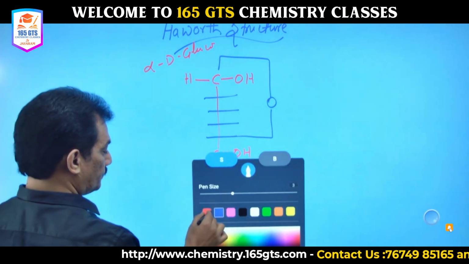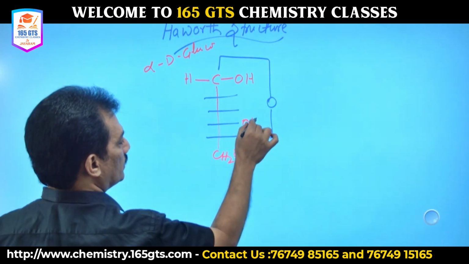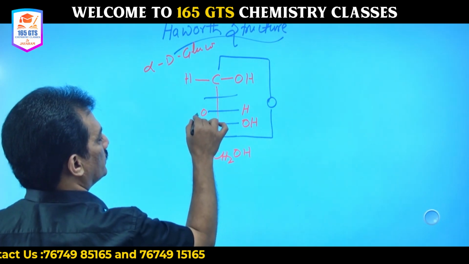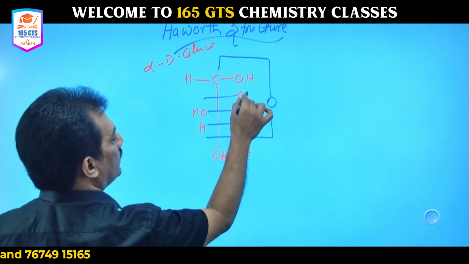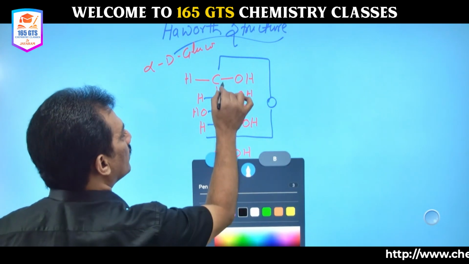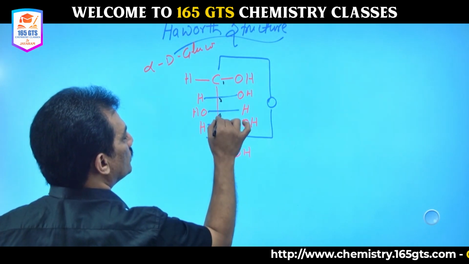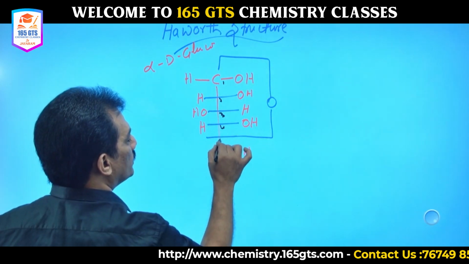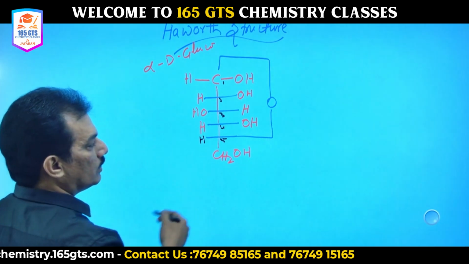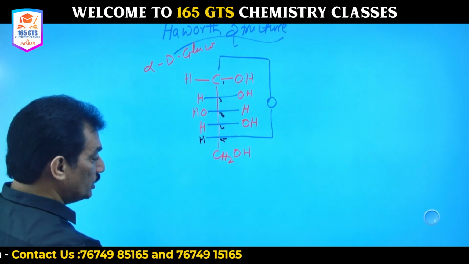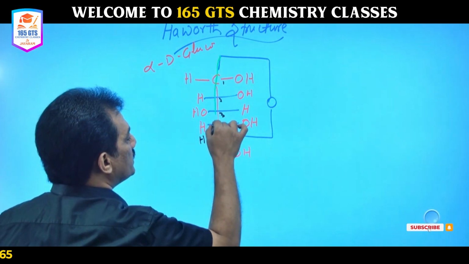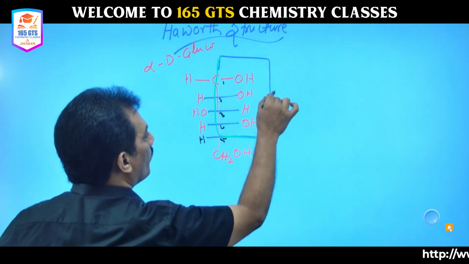And then OH, H, H, OH and OH, H. Here, this is C1, C2, C3, C4, C5. Here hydrogen is there and it is out of this. Now, if you observe, this one is existing in a cyclic form.